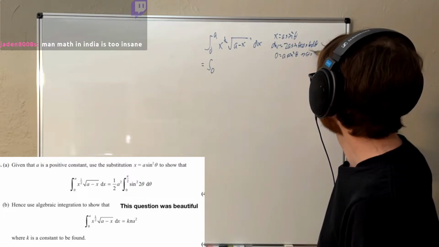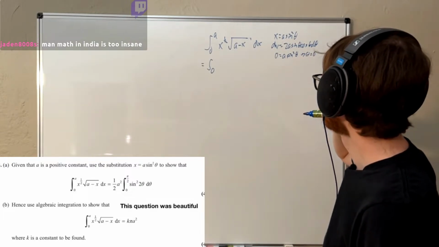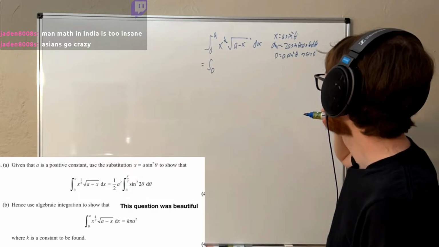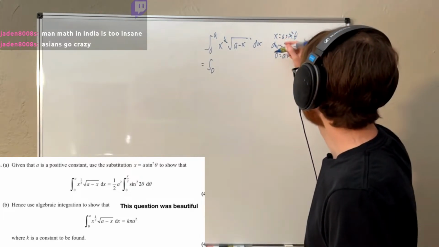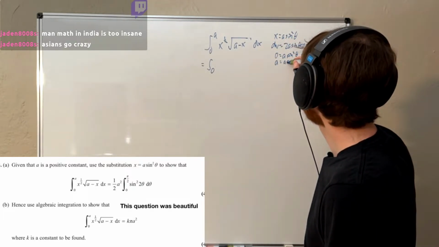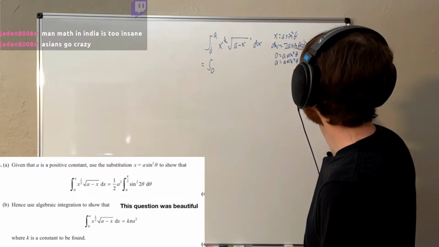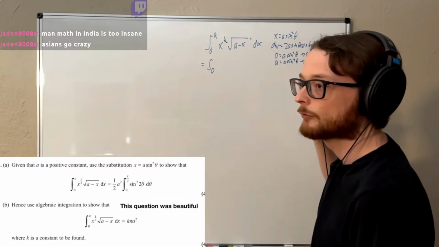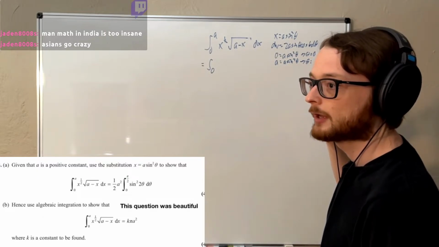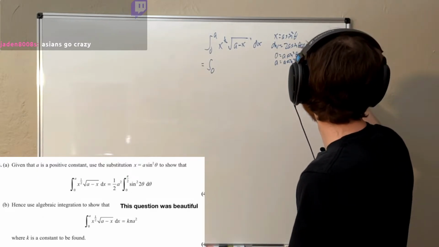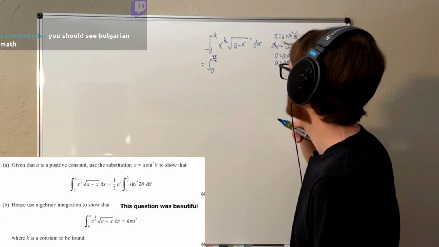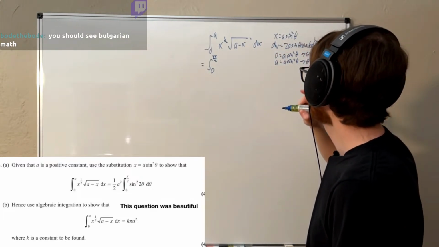That implies theta equals 0. And if we have x equals a equals a sine squared theta, we're just taking the first solution that we can get, which is sine squared theta equals 1, which is pi over 2. Okay. So you change the bounds.